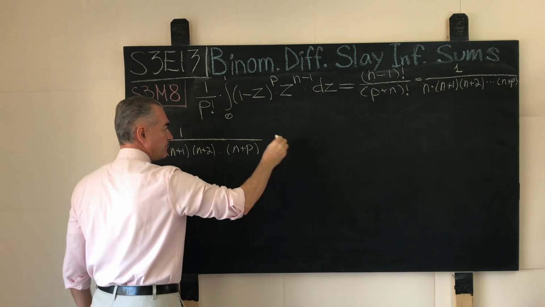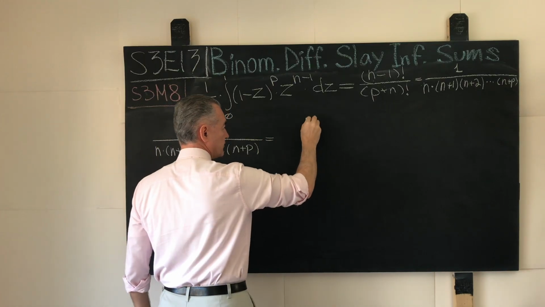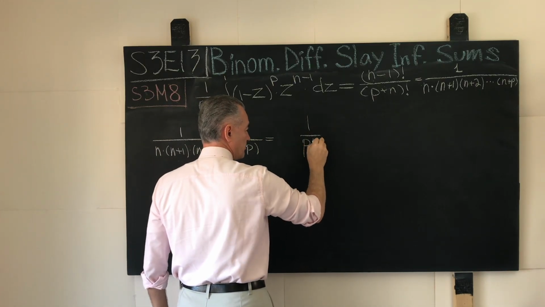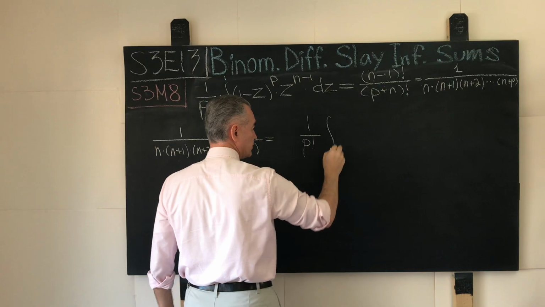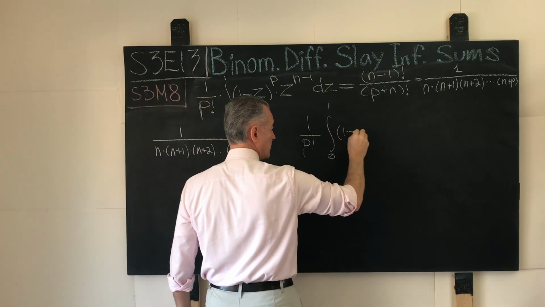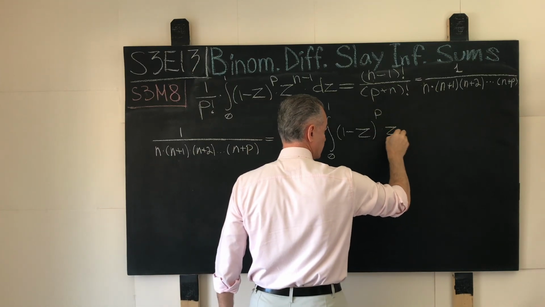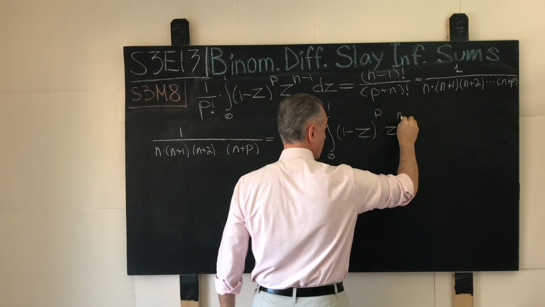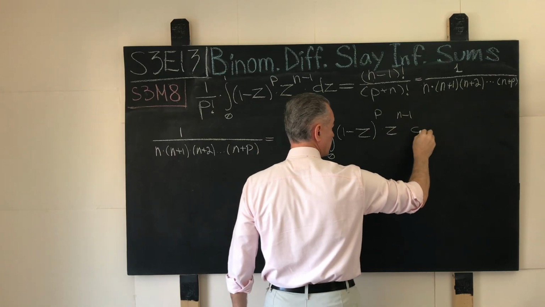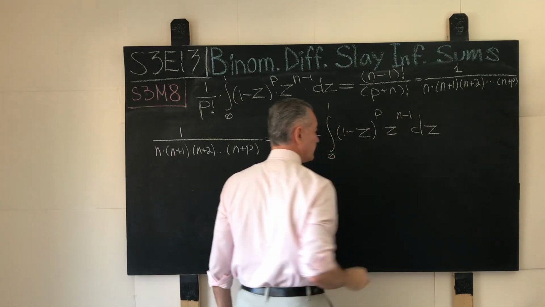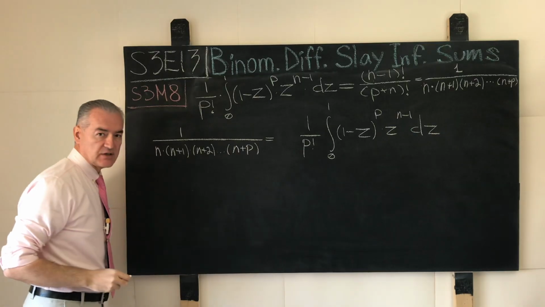This is our sum. Here we have 1 over p factorial, integral from 0 to 1, 1 minus z raised to the power of p times z raised to the power of n minus 1 dz. What is the next maneuver right now?